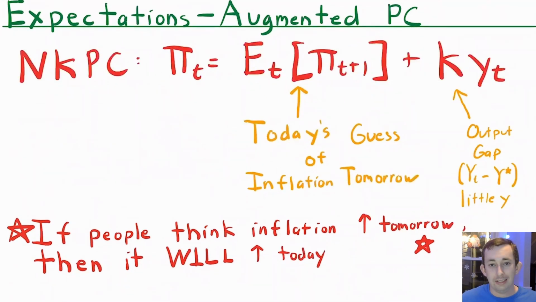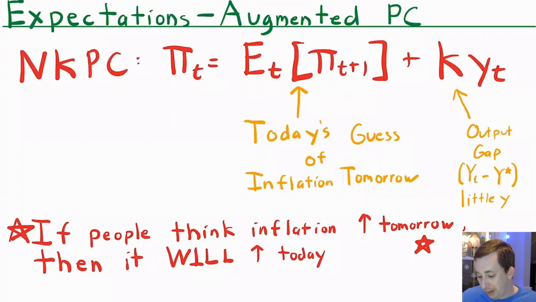Slightly different, but still similar to the old Keynesian Phillips curve, is the new Keynesian Phillips curve. So notice it looks very similar, except for this expectations part. Now, instead of t minus 1 and t, we have t and t plus 1. So what this represents is people's expectation today of inflation tomorrow.